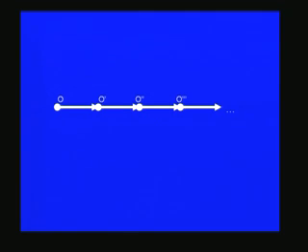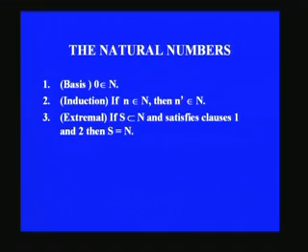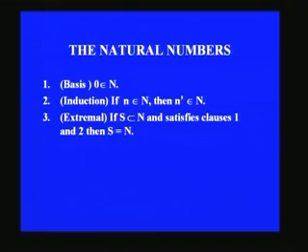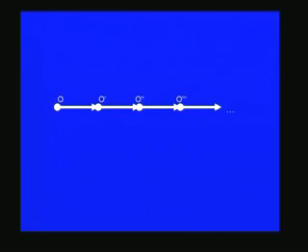You want to start with 0, then the successor of 0 is 1, then the successor of 1 is 2, then the successor of 2 is 3, and so on. But by this definition, do you get this? Do you get this diagram by what we defined earlier?